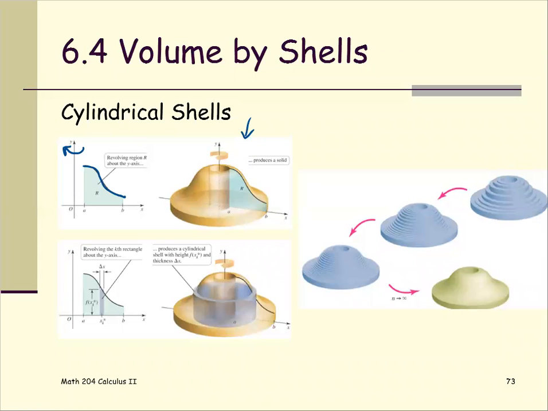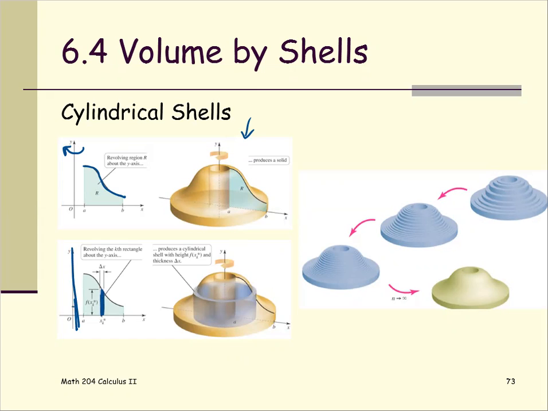To find the volume by shells, this time instead of making a partition or cross section perpendicular to the axis of revolution, the cross section is going to be parallel to the axis of revolution. Like this is the axis, and you do the cross section parallel to the axis.